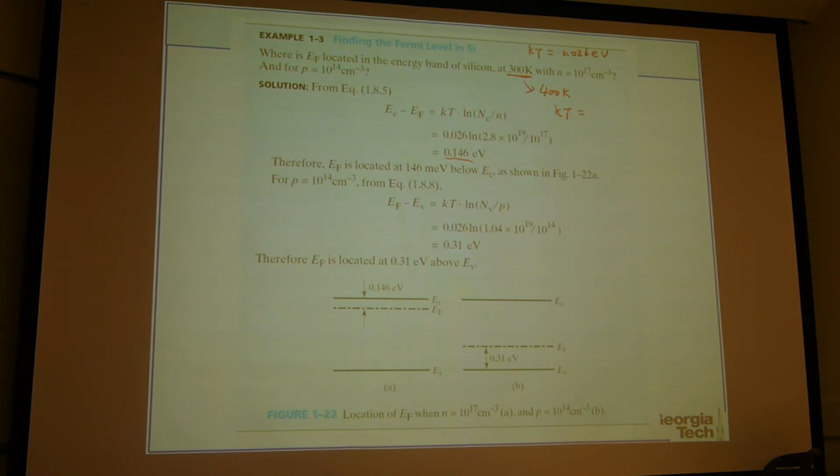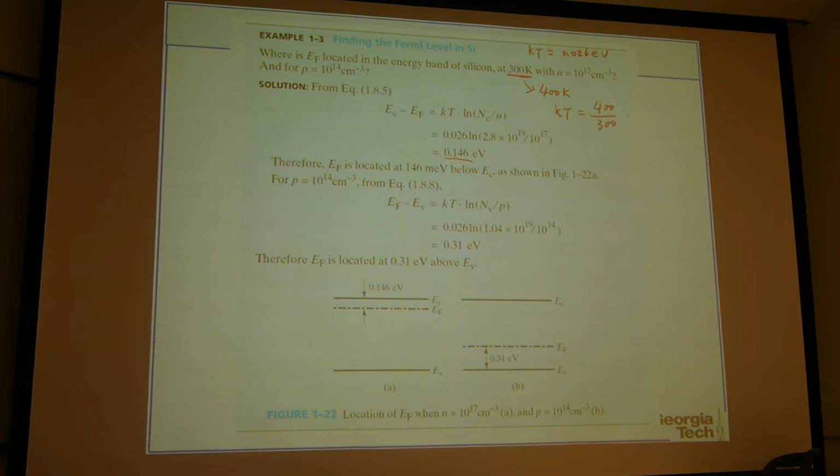So a simple way to do this is just look at the ratio, right? Because everything is proportional. This kT, if you increase temperature from 300K to 400K, that means this kT will also increase in proportion to this change. So what you can do is look at the ratio.